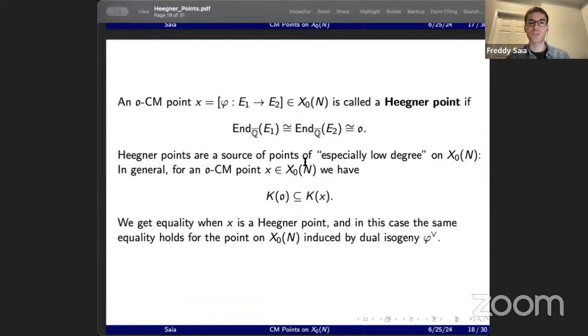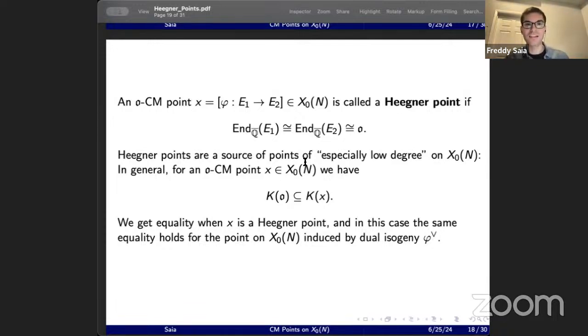Talking about residue fields of these points, what's an initial motivation for why we would care about Heegner points? Why are these special CM points of interest? One way I like to think about it is that they give points of especially low degree on these modular curves, where I've put this in scare quotes. What do I mean?